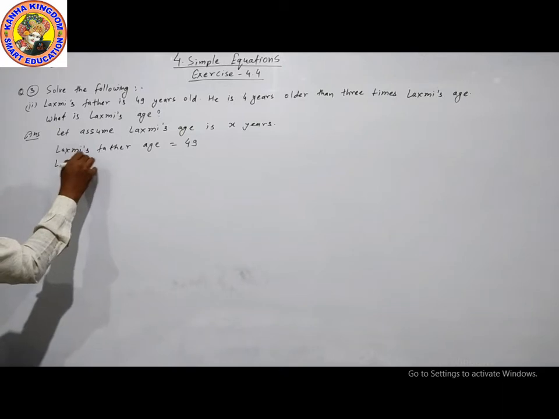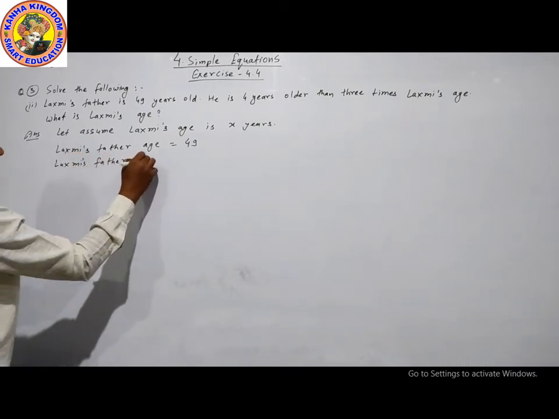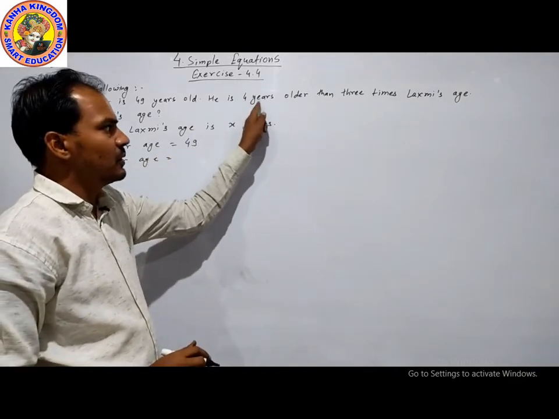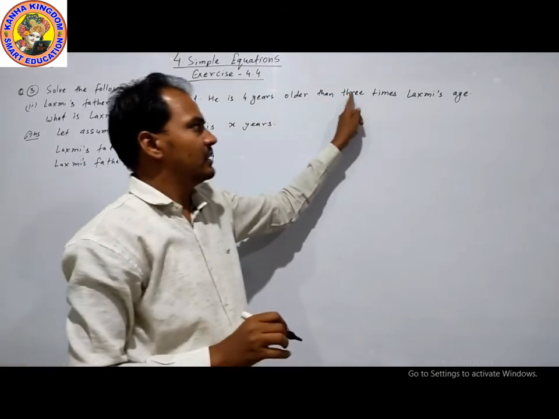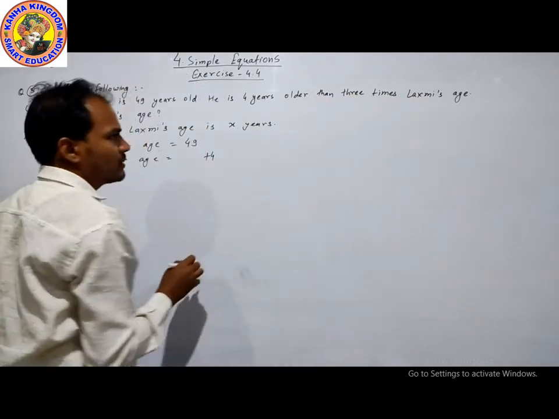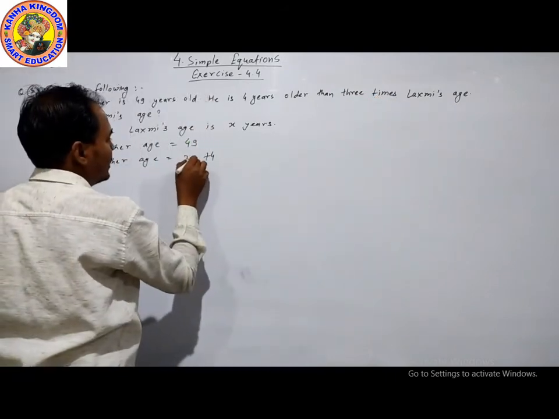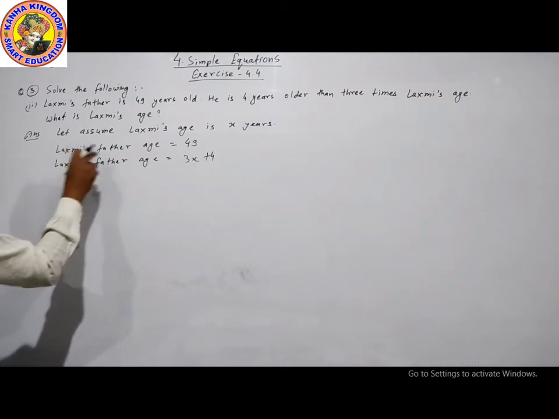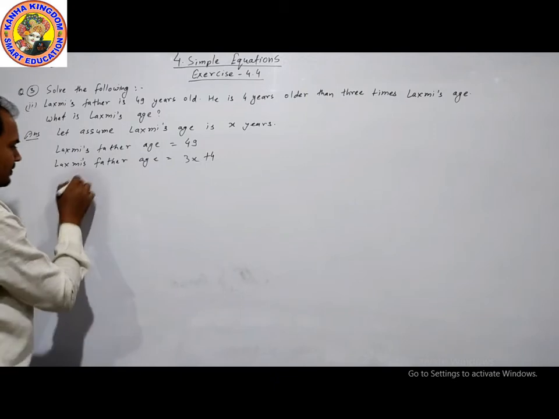Lakshmi's father's age is equal to, he is 4 years older means plus 4, then 3 times Lakshmi's age. Lakshmi's age is x. 3 multiply x, 3x. Father's age, both are equal.